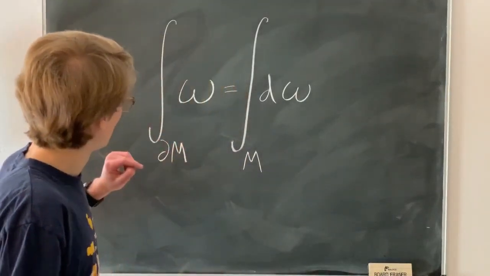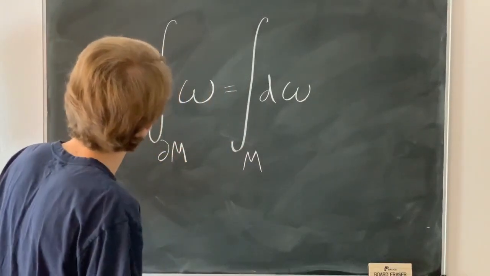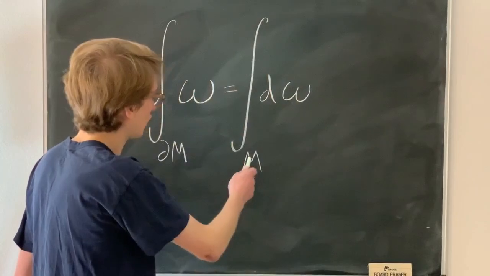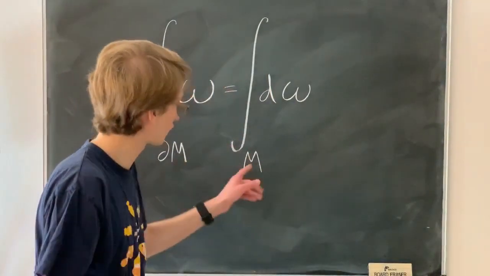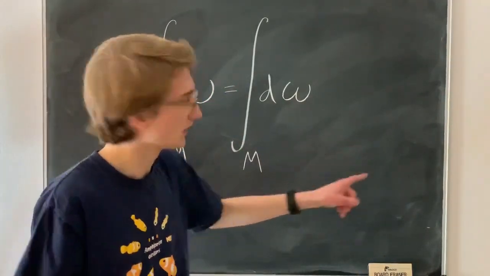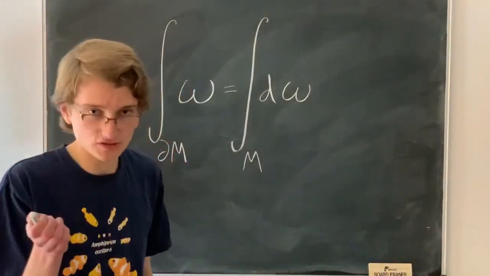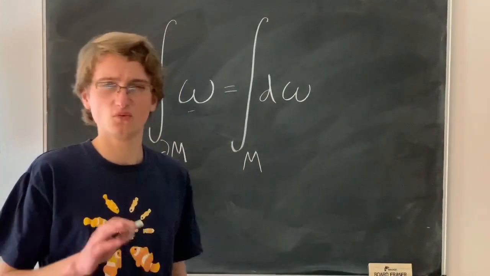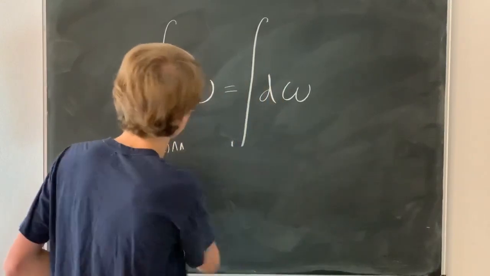Okay, let's talk about this, and then I'll break it down. On the right side, the integral over the manifold, over whatever region we're defined, of the derivative of a function is going to be equal to the integral over the boundary of that region of the original function. What? Okay, I'm going to erase this and we'll take a closer look.